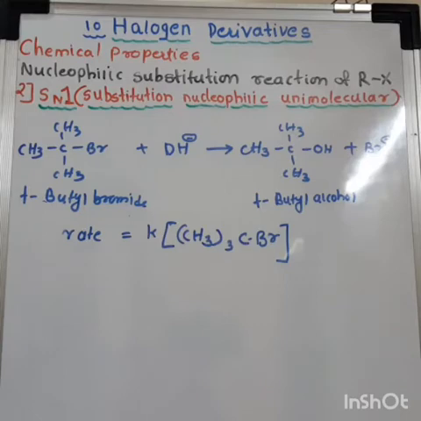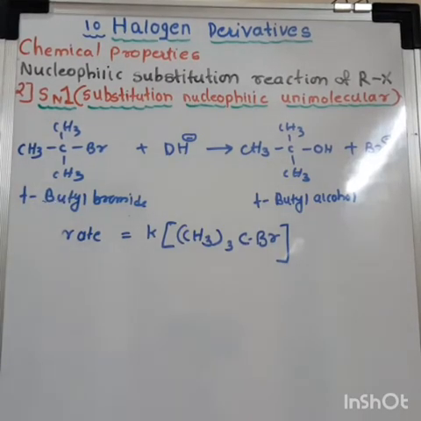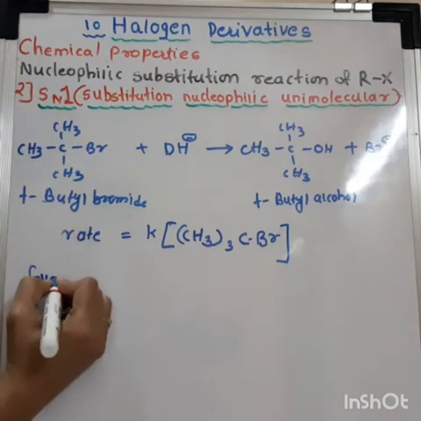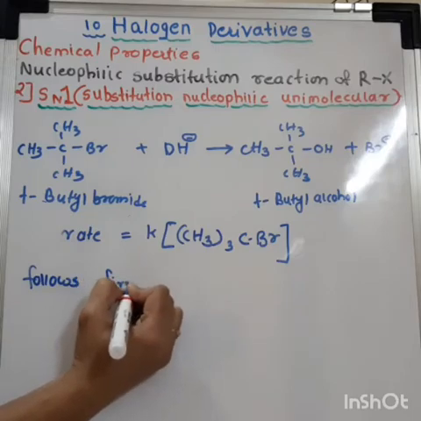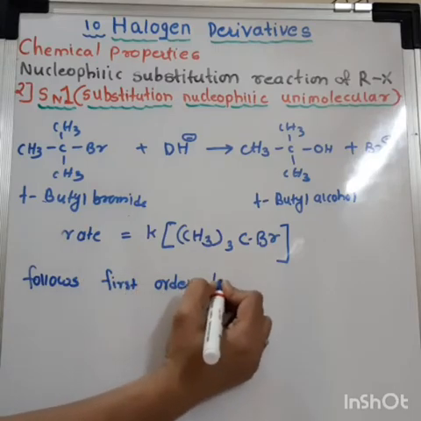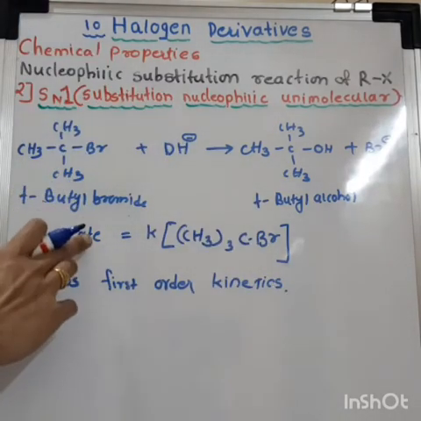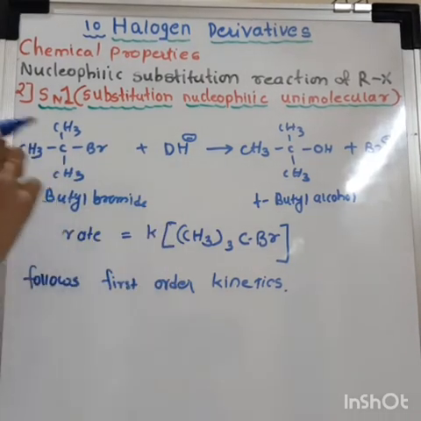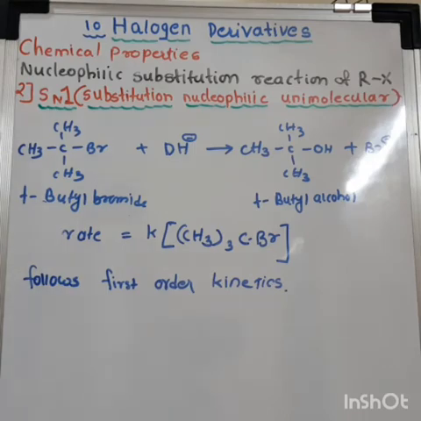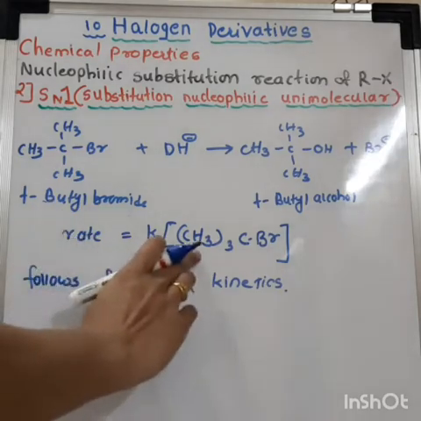The reaction between tertiary butyl bromide and hydroxide ion to give tertiary butyl alcohol follows first order kinetics. As the rate depends on only one reactant, the concentration of only one substrate appears in the rate equation.